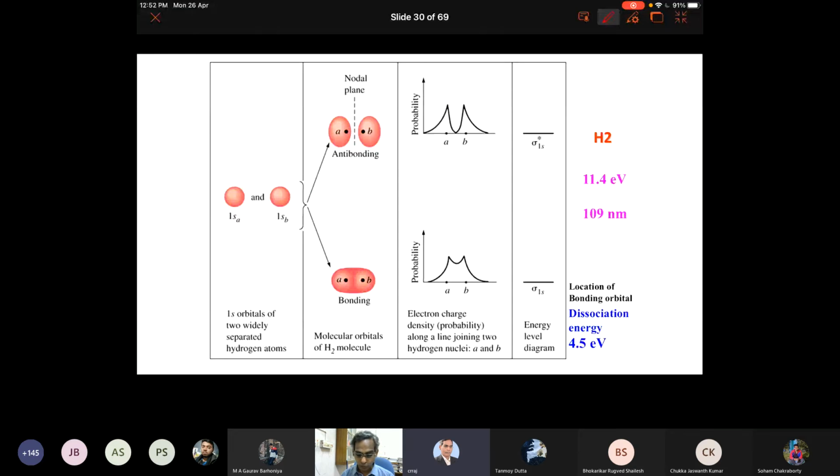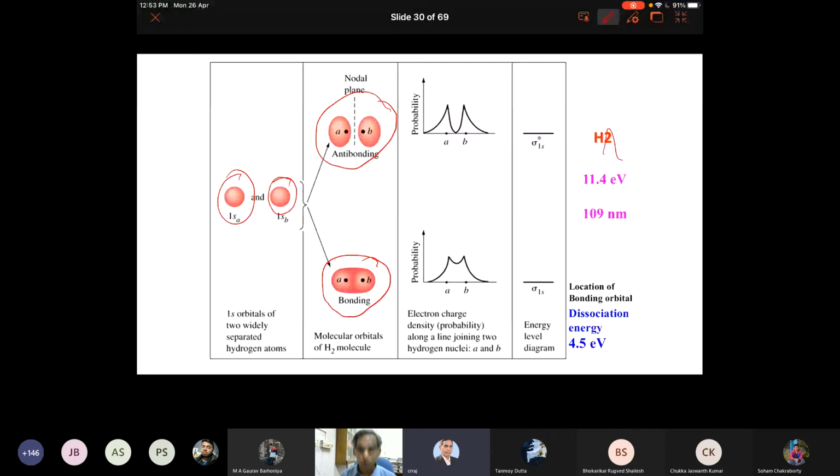Look at here. What I have taken is a typical example of the hydrogen molecule. Now I have hydrogen atoms A and B. It's a homonuclear diatomic, right? This is H2 in the subscript. Now what I have done is that this undergoes an overlap, and then you get a bonding and an anti-bonding MO.